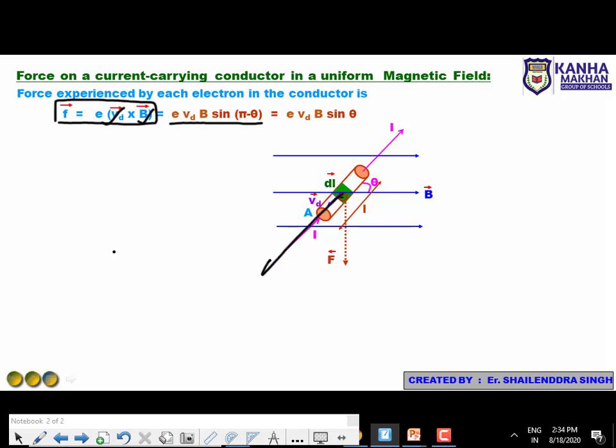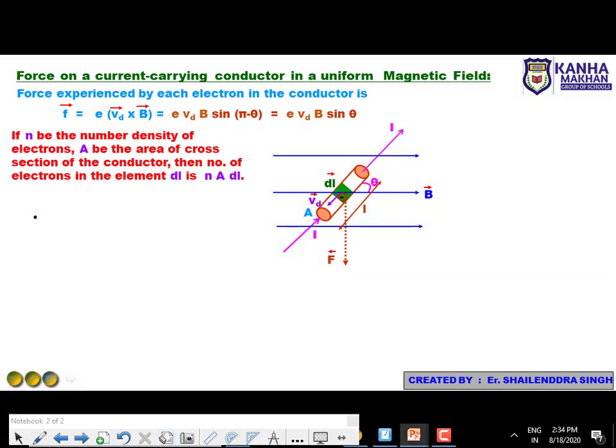Because the velocity is here and the magnetic field is here, and we want to find the angle between them. Velocity of the electron is Vd. So its value becomes e Vd B sin(pi minus theta) equals e Vd B sin theta.